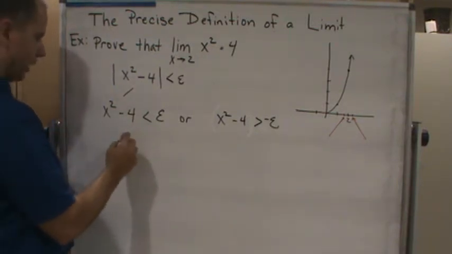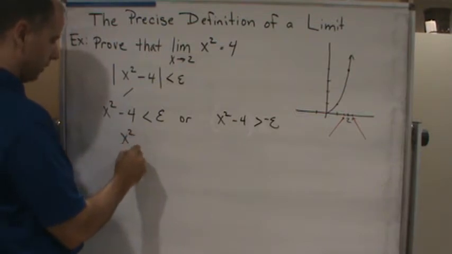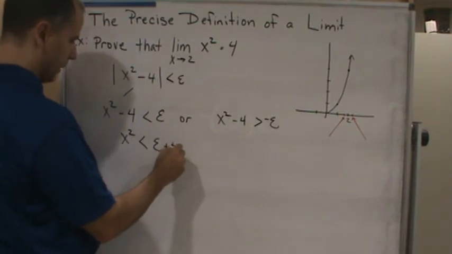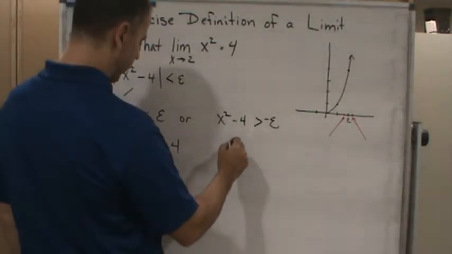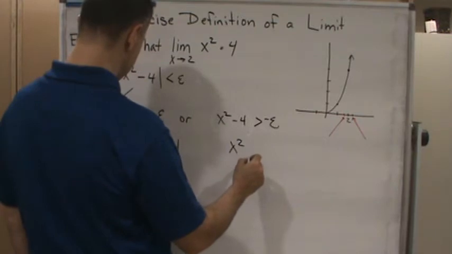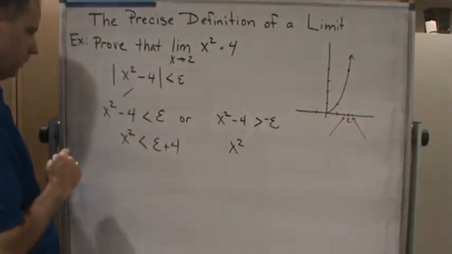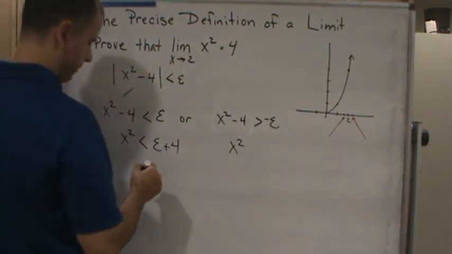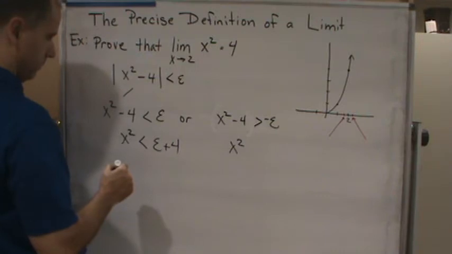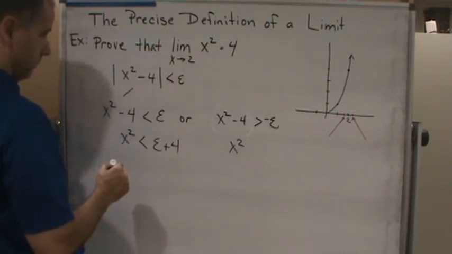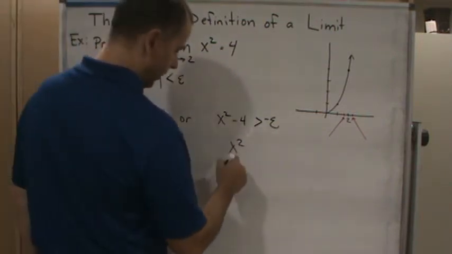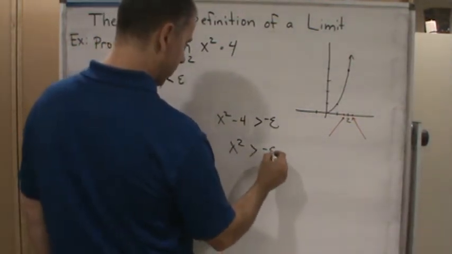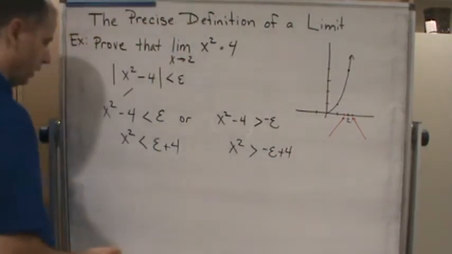Well, over here we get x squared is less than epsilon plus 4. Over here, x squared is greater than negative epsilon plus 4.